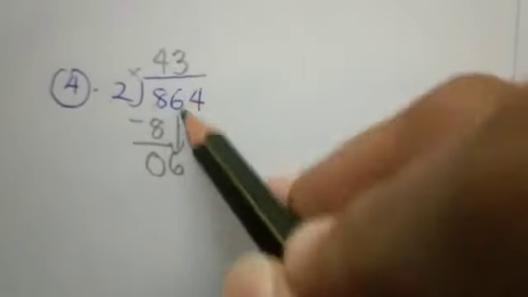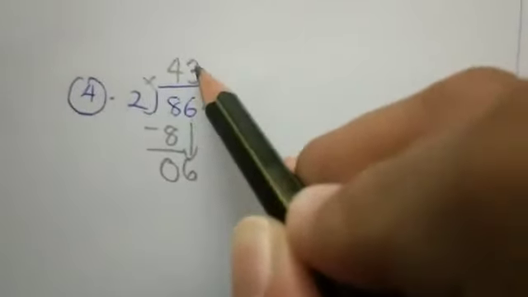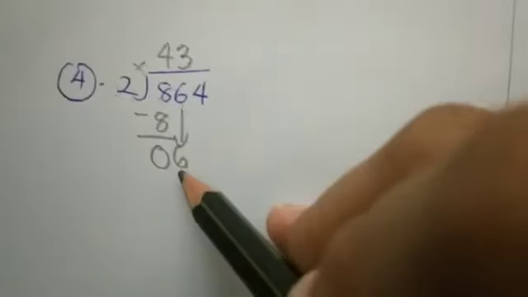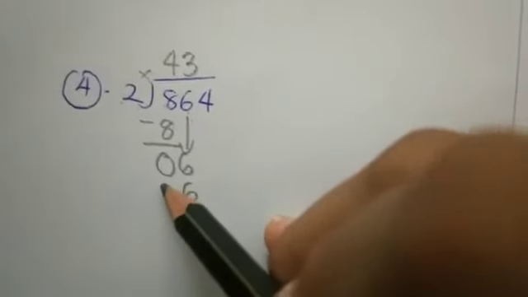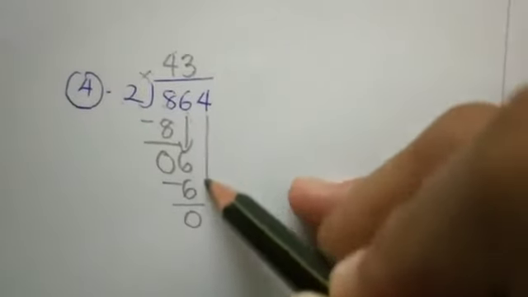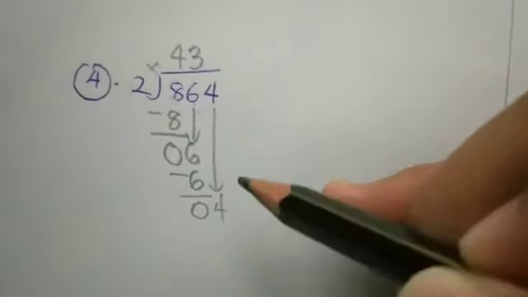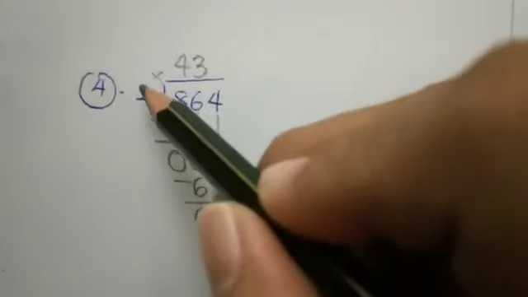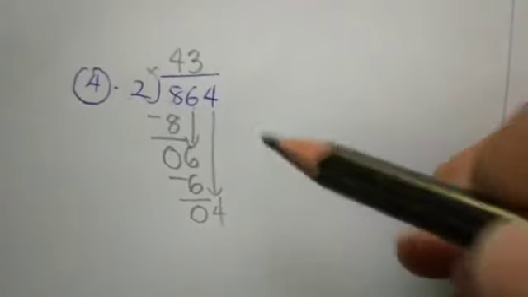So 6 divided by 2. 2 multiplied by what equals 6? Multiplied by 3, on top of this 6. So 3 multiplied by 2 is 6, and then you subtract. The answer is 0. You bring down this 4. So 4 divided by 2, the answer is 2.